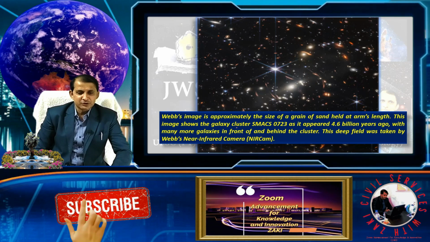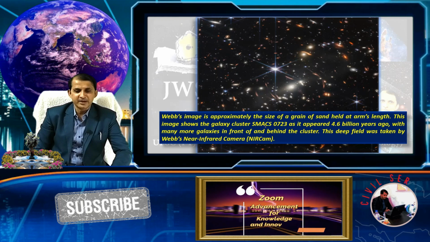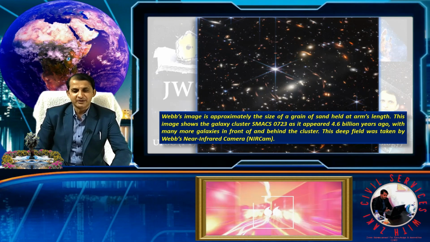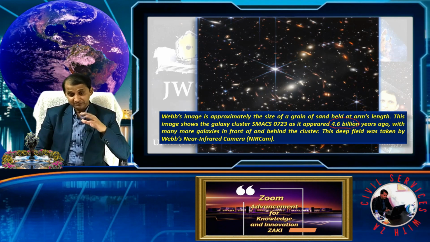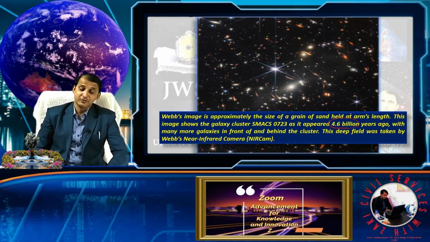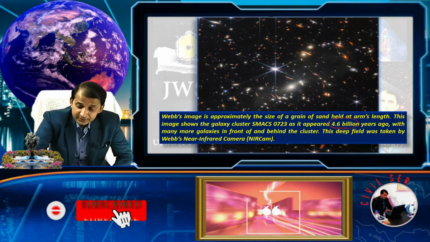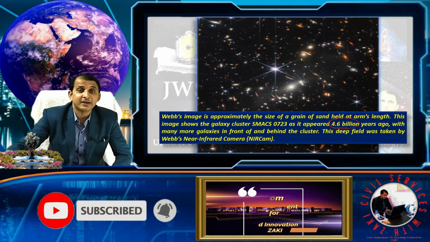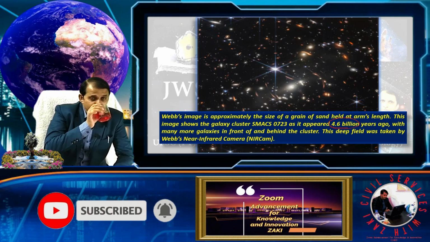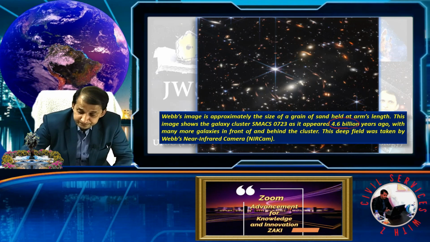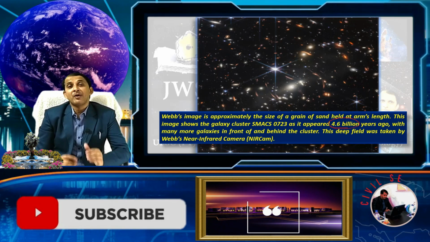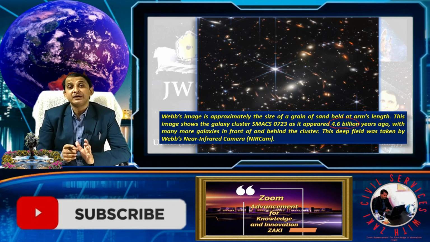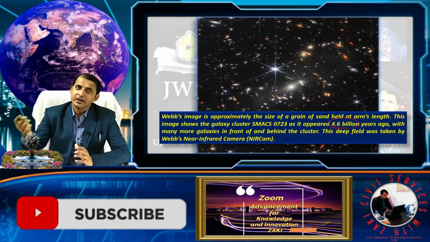These images show the galaxy cluster SMACS 0723 as it appeared 4.6 billion years ago. It means this galaxy cluster is situated about 4.6 billion light years from Earth.